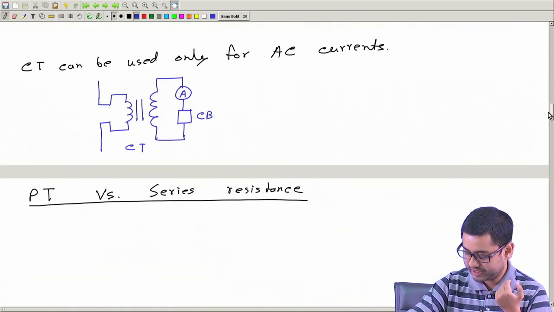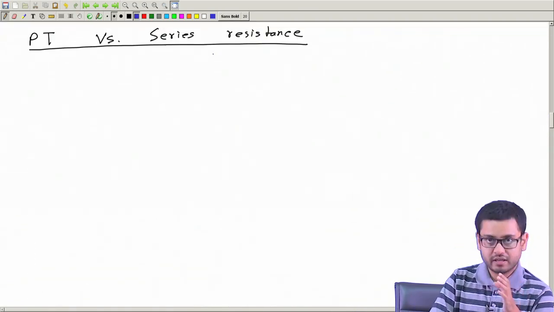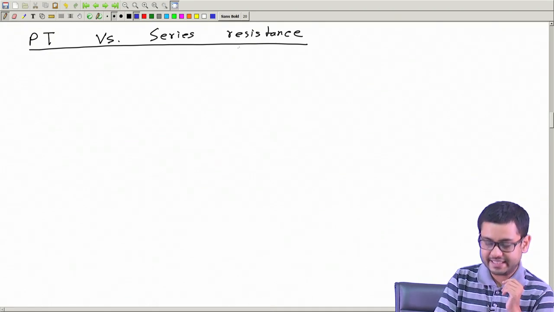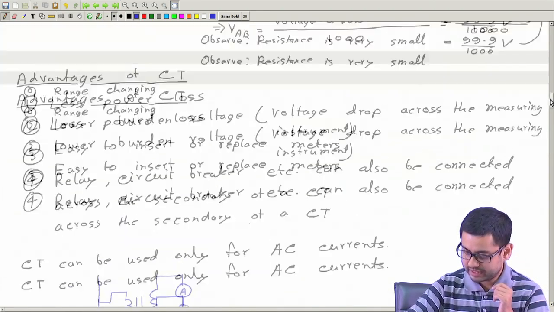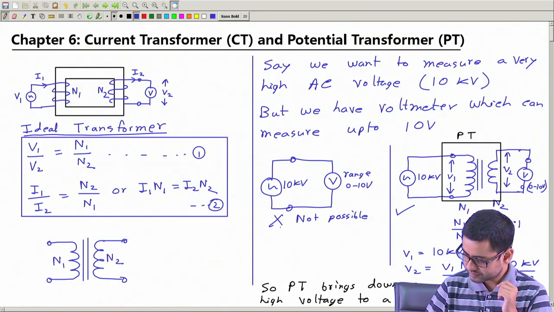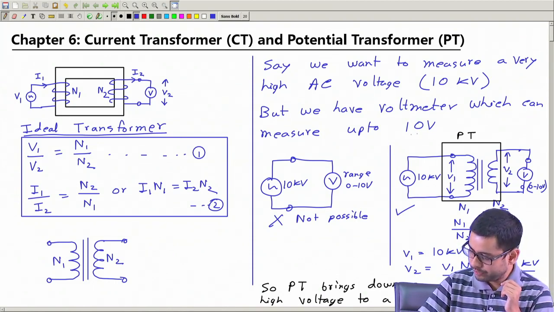Okay. Now, let us come to PT. So, we will do first a small analysis, a comparison between PT versus series resistance. So, let me take the example I had here. I want to measure a 10 kilovolt voltage and I have a 10 volt voltmeter.